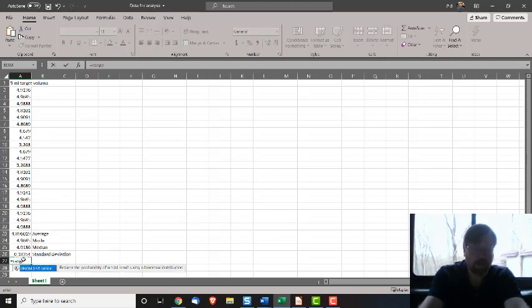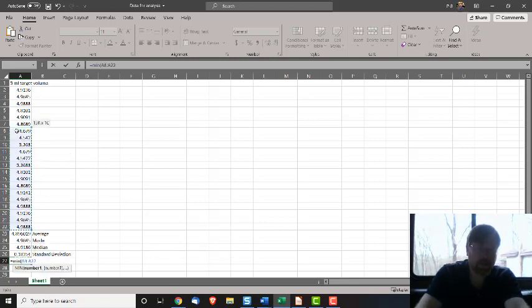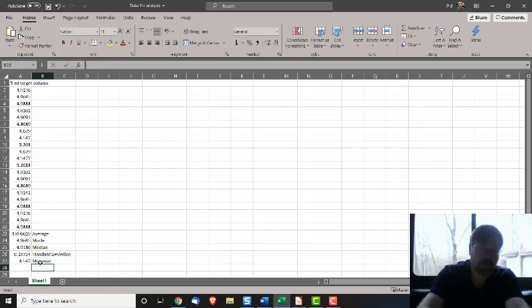No. So one of the things we can do is look at the minimum, min. I don't want to have to sort through what the minimum is. There's my minimum. And here's my maximum. Same thing.